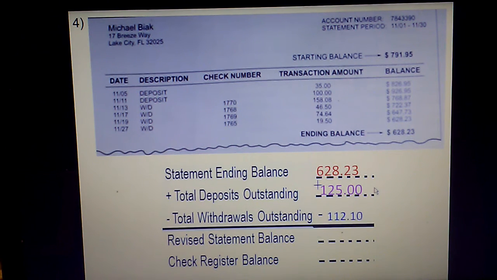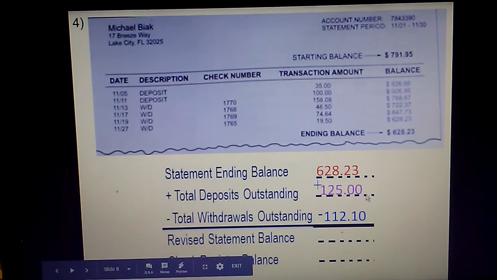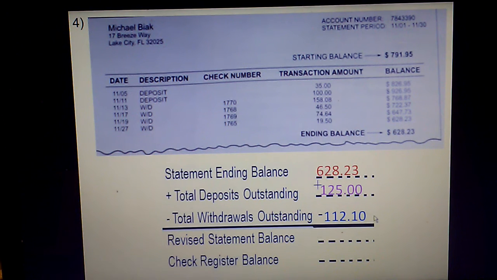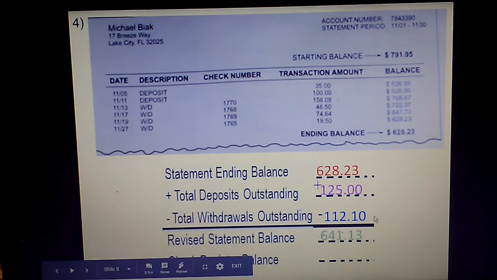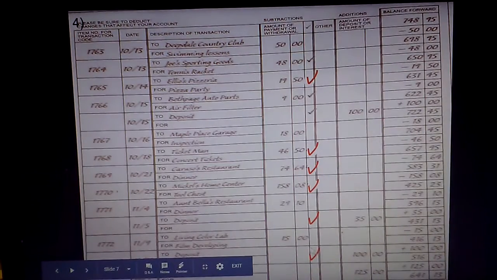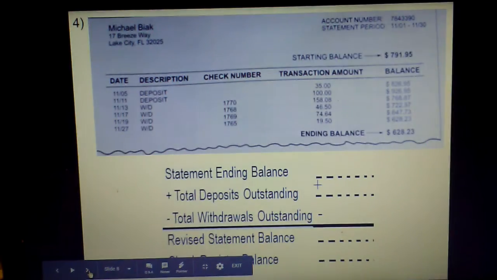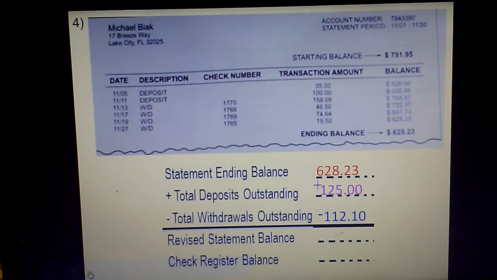You get a total of $112.10. So again, do this math problem. 628.23 plus 125 minus 112.10. And we get $641.13. Now we have to go back to our check register. And the bottom number is $641.13. So that means once again, we are balanced.